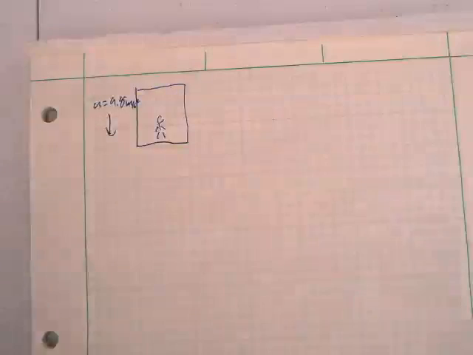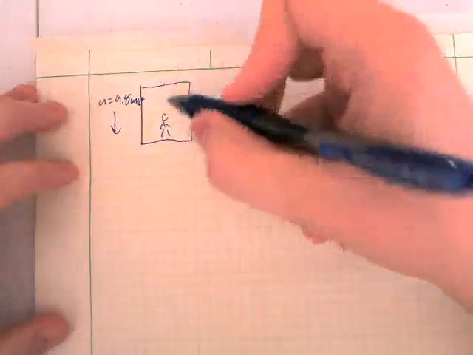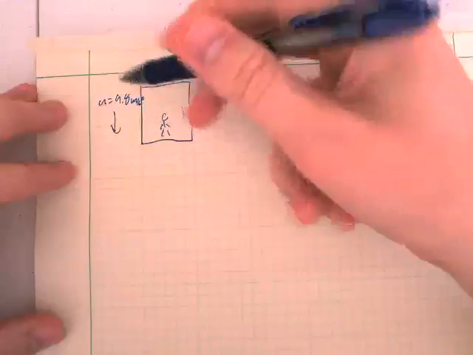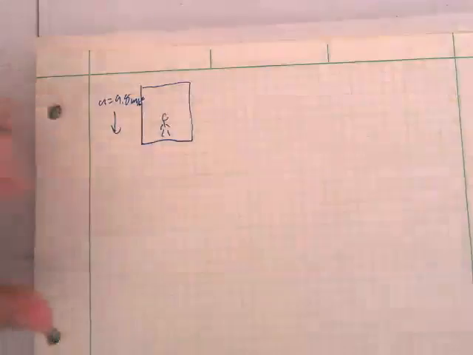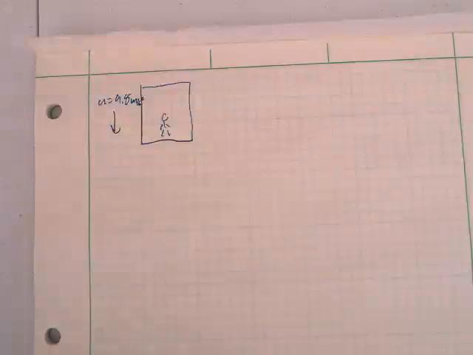So what happened? Obviously, if the cable were to snap and the elevator were to start falling down the elevator shaft in free fall, it would fall at a rate of 9.8 meters per second squared.